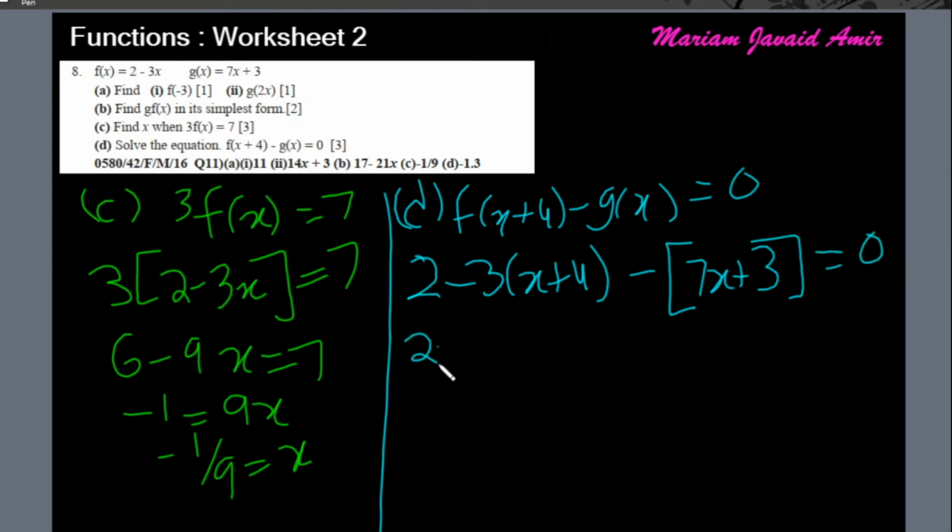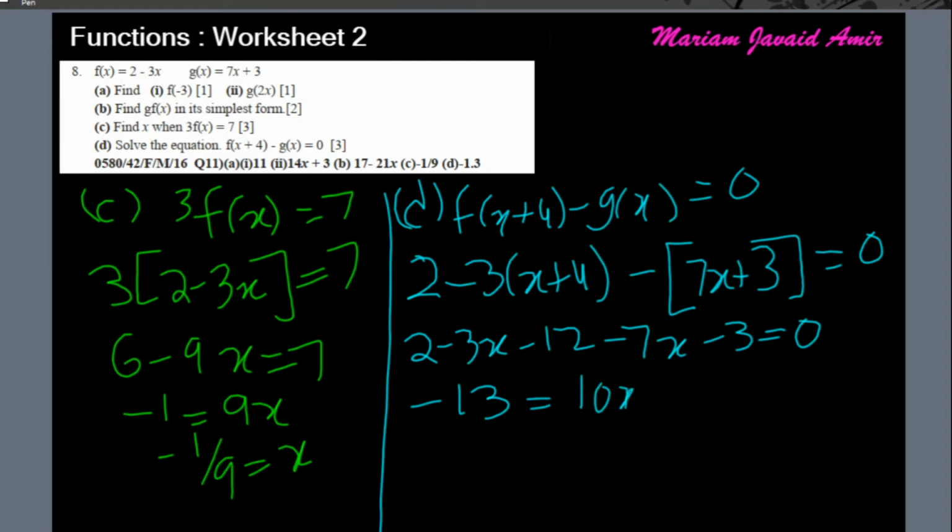So this becomes 2 minus 3x minus 12 minus 7x minus 3 equals 0, which gives us 2 minus 12 is minus 10 and then minus 13 equals 10x. So x equals minus 1.3.